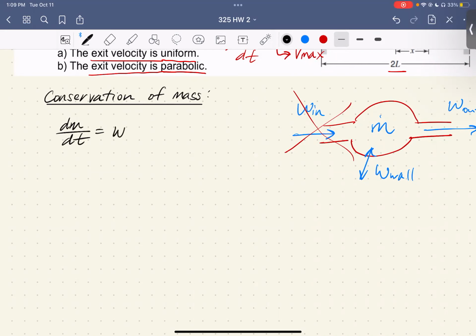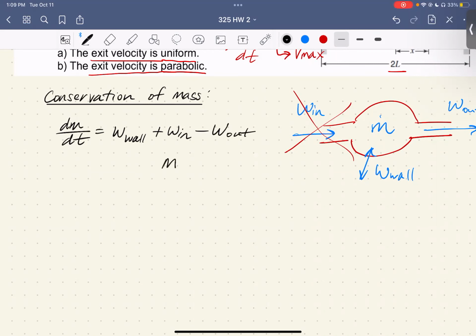Then we have the rate of mass change through the wall. This can be positive or negative, depending on whether it's entering or leaving the system. Then we have our rate of mass change from our inlets, and then from the outlets.